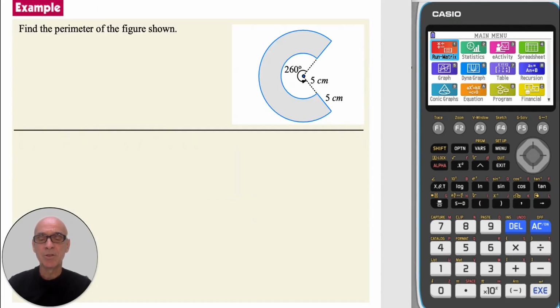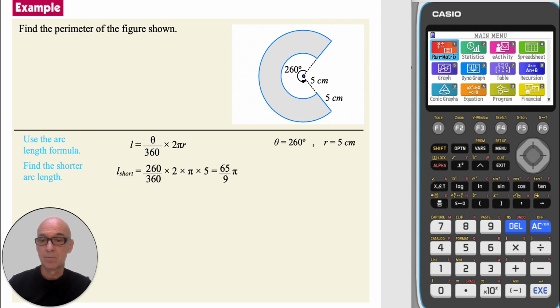In this question, we're asked to find the perimeter of the figure shown. If we begin by using the arc length formula and start by finding the shorter arc length, replacing theta, the central angle, with 260 degrees, and r, the radius, with 5 centimetres, and then performing the calculation.